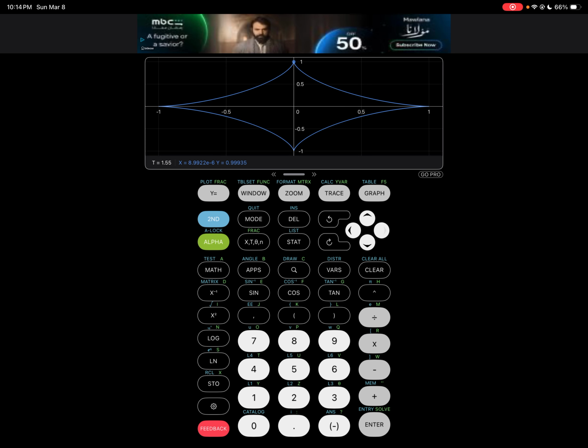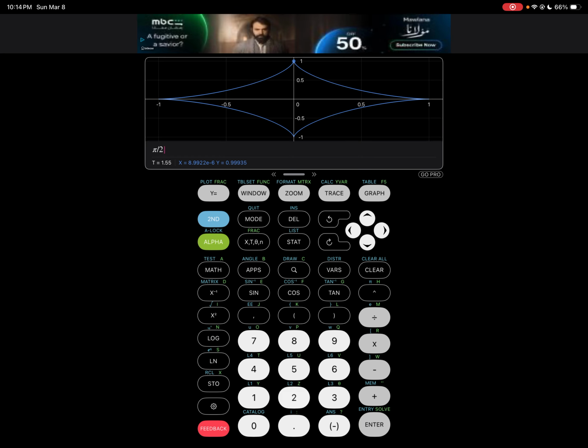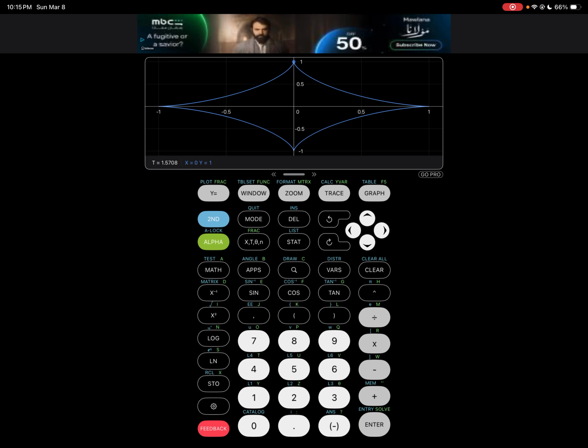Eventually, what's going to happen is it's pi over 2, 1.57. That should make sense because if you think about it in terms of the unit circle, quadrant 1 is bounded by 0 and pi over 2.